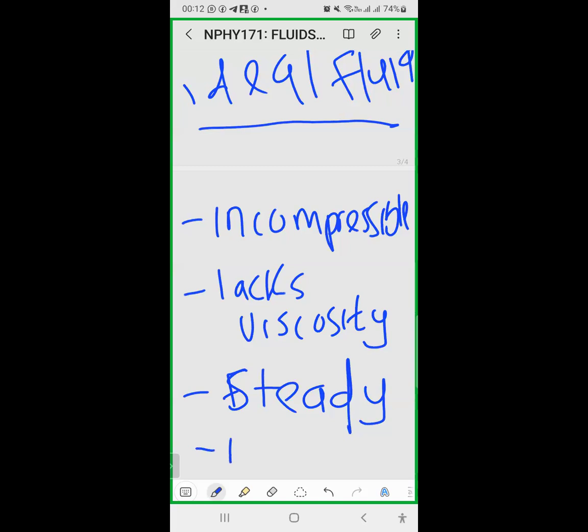And lastly, the fluid flow needs to be irrotational.